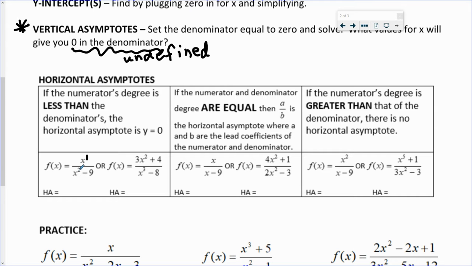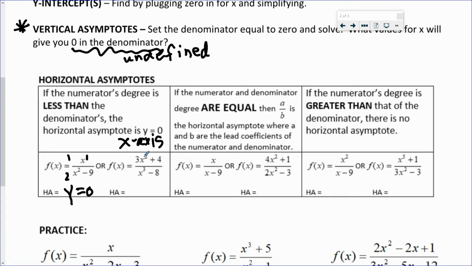And on the denominator, we have an x squared. So the numerator's degree is 1. The denominator's degree is 2. So the numerator's degree is smaller or less than. So this is an example of a horizontal asymptote, y equals 0, which, by the way, is the x-axis.